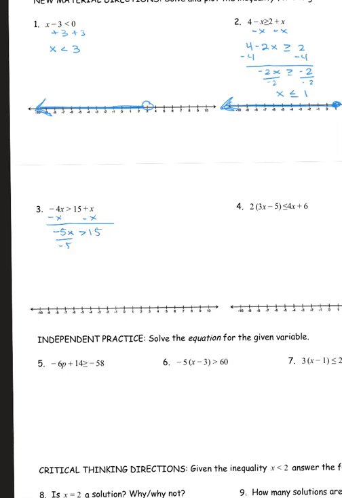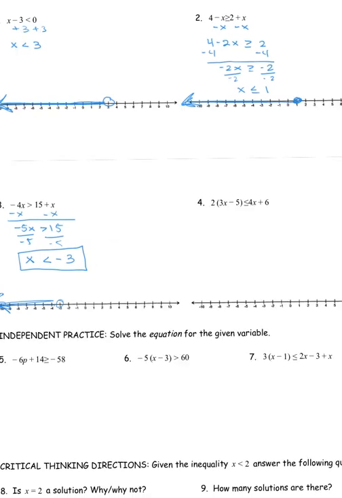I'm going to divide both sides by negative 5. I get x on the left. I get negative 3 on the right. And I have to flip my inequality sign because I divided by a negative 5. So I'm going to have an open circle at negative 3, and I want all values less than negative 3. So I'm going to shade to the right.